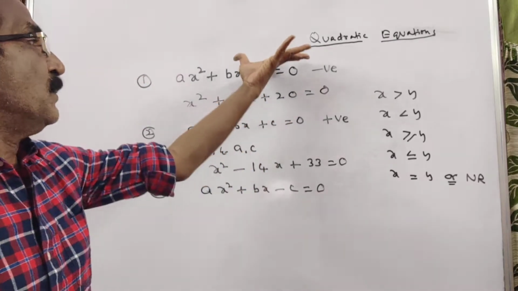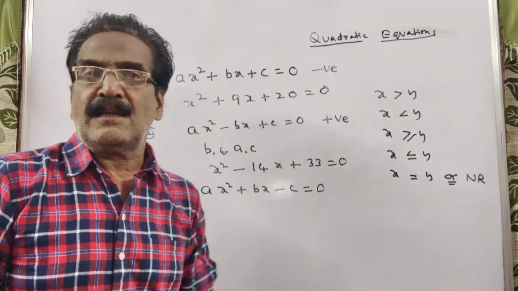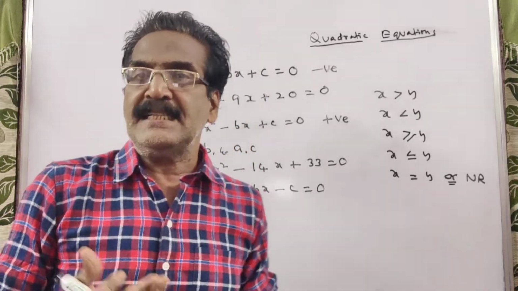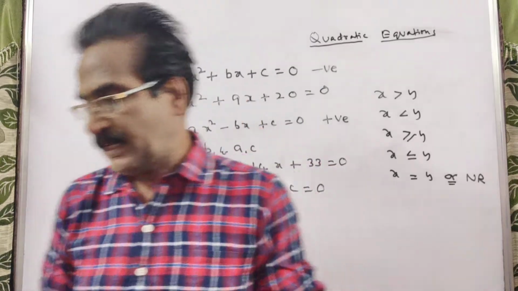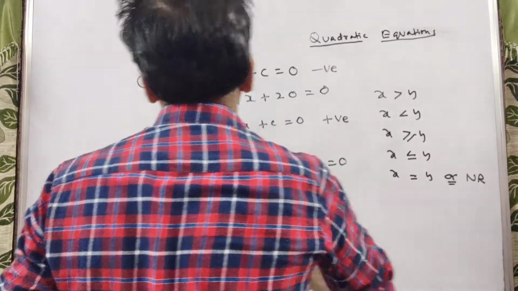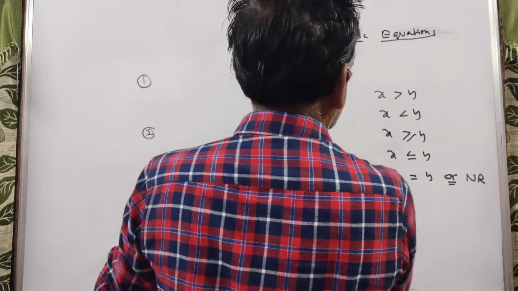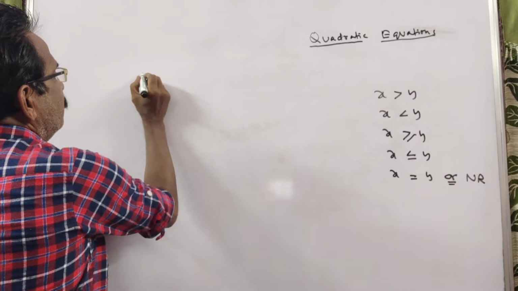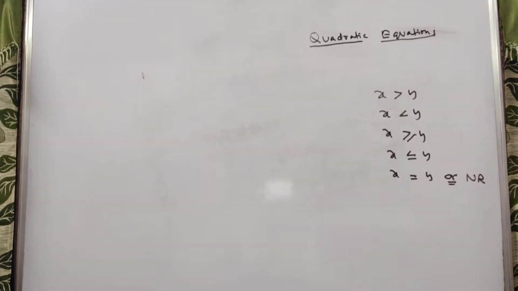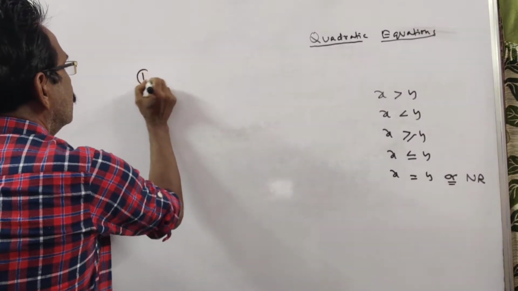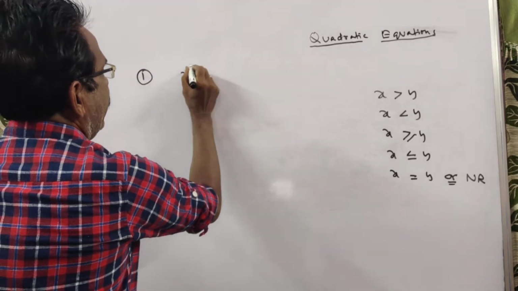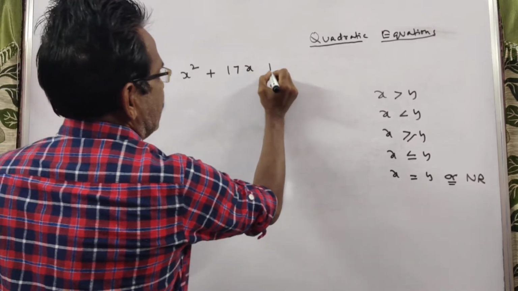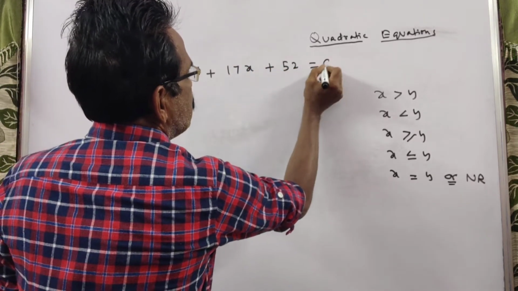Okay friends, so this is the pattern of the quadratic equations. Let us see how to find the roots of a quadratic equation. See, first one, x square plus 17x plus 52 is equal to 0.